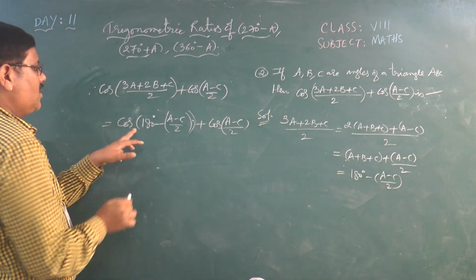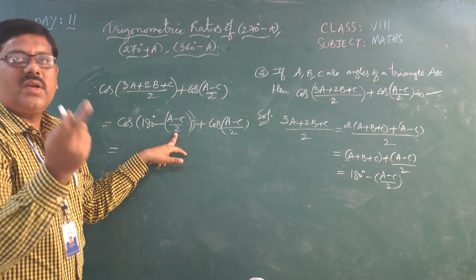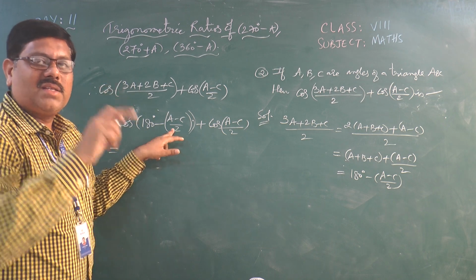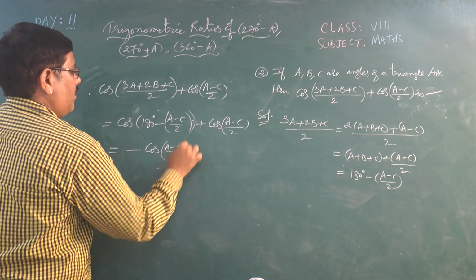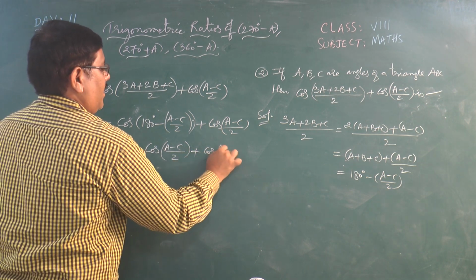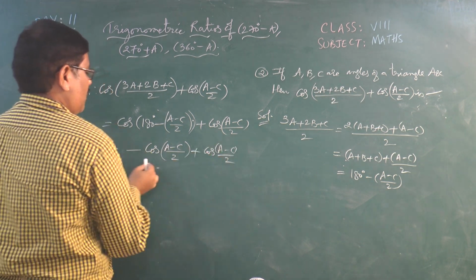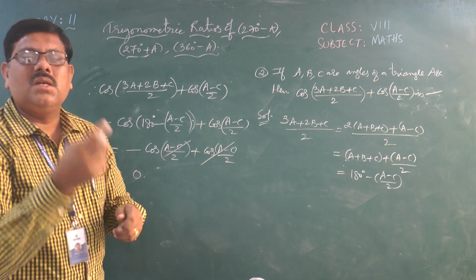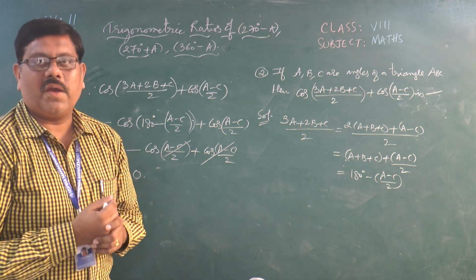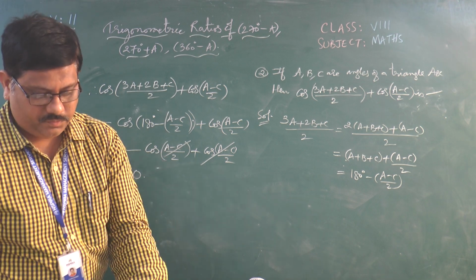Cos of (180 plus theta) is obviously minus cos theta. So we have minus cos of (A minus C) by 2 plus cos of (A minus C) by 2. Both are equal in magnitude but opposite in sign. So the answer is 0. Okay. Now we'll move to the next problem.